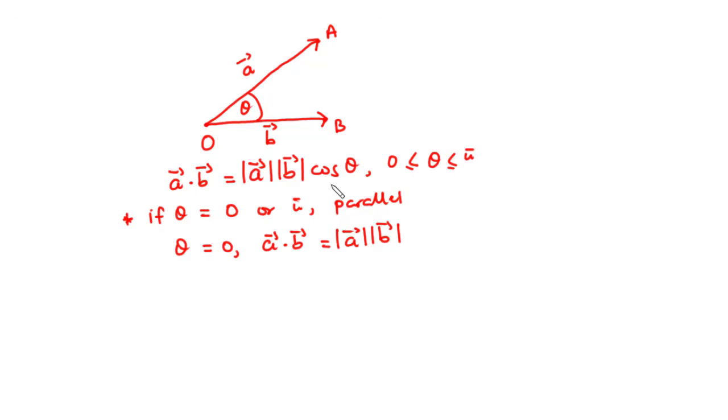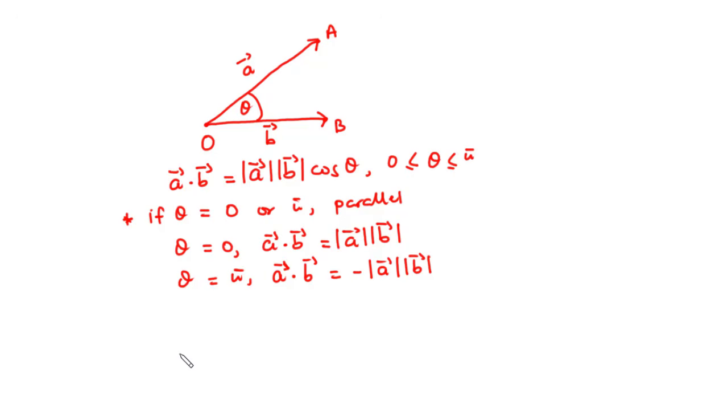So basically cos theta goes to 1, and then magnitude of vector A times magnitude of vector B times 1 is still magnitude of A times magnitude of B. And then if theta is equal to pi, then the dot product of these two vectors, A and B, is equal to negative of the magnitude of A times the magnitude of B, simply because cosine of pi is equal to -1.